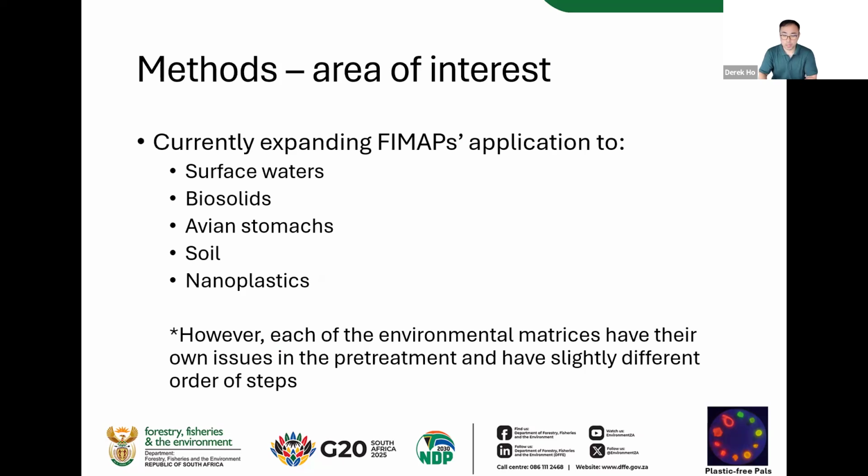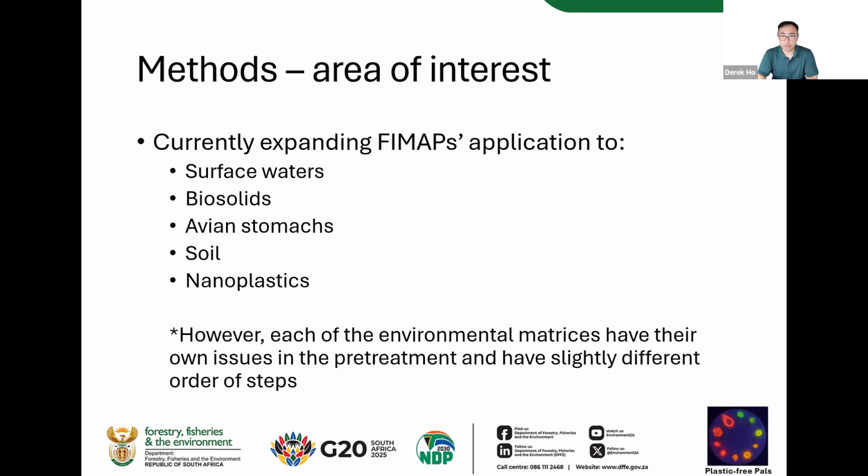Because I'm a metrologist at heart, I am able to apply my instruments to multiple different environmental matrices, and I have mainly focused on surface waters, biosolids, avian stomachs, soil, and now I'm going into nanoplastics by trying to retrofit it onto microscopes.